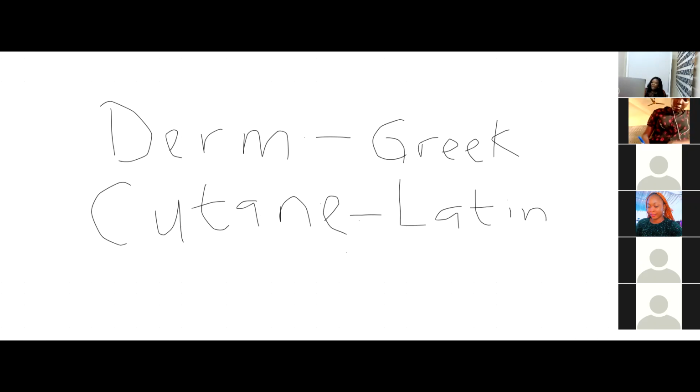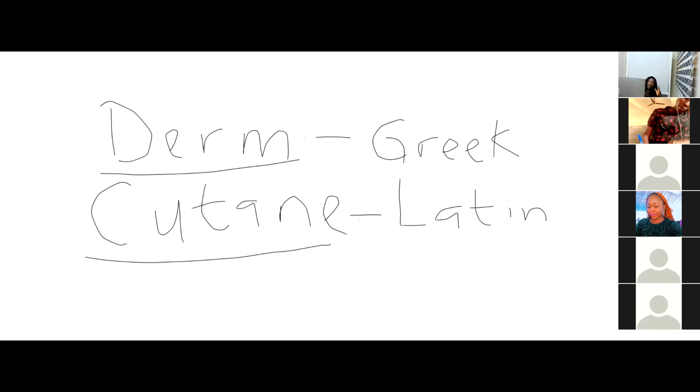Now, when you hear the word derm, the first thing that comes to your mind is skin. Dermatology is when we add other words or letters to it that it gives meaning. But when you see the word derm, you know it refers to the skin. When you also see the word cutis, you know it refers to the skin. But in this context, we cannot really understand in full, but we know what is being referred to.